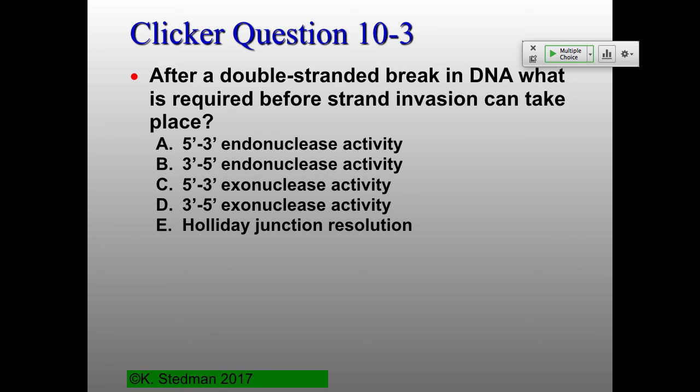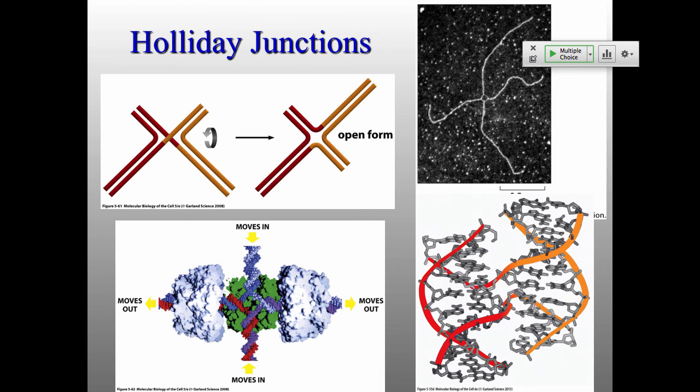Okay, so now let's look at those Holliday junctions that I keep talking about in excruciating detail here. So these Holliday junctions, again, this is just a slightly different way of drawing them. Again, because it's a double-stranded piece of DNA, if you just draw the lines here, this would be just like taking those two pieces we had before and pulling them apart. So you crossed over in the middle.